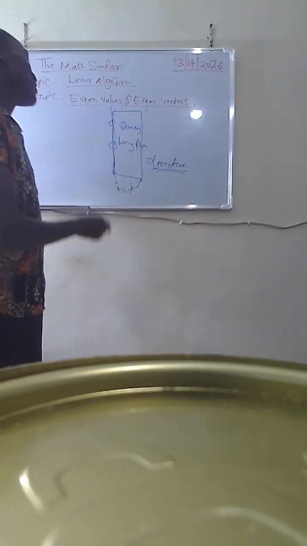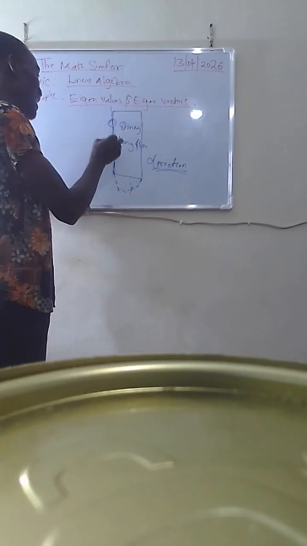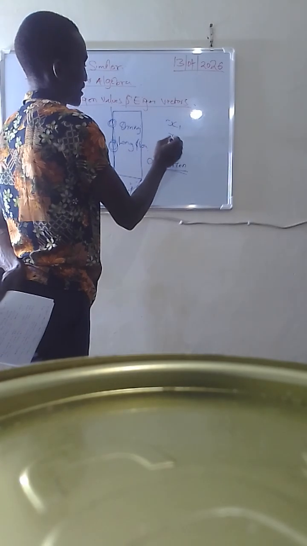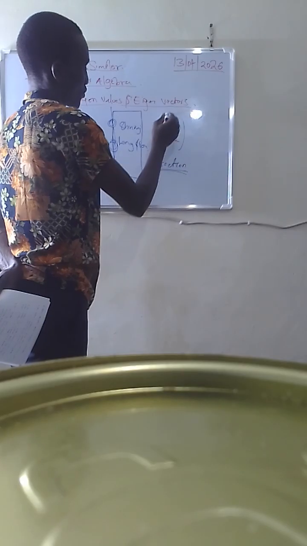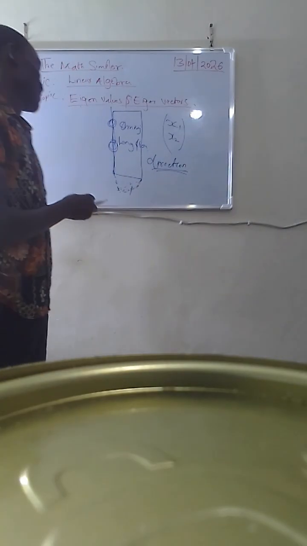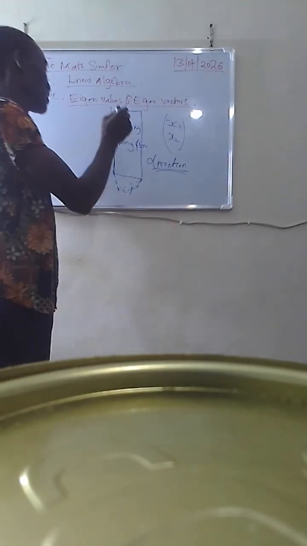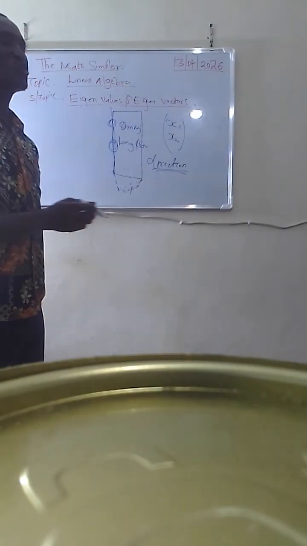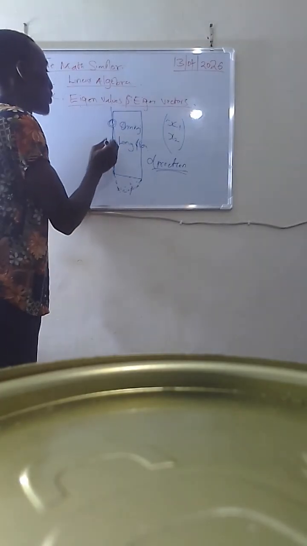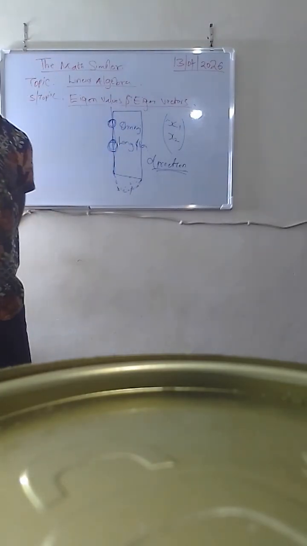So the vector of this hinge, let's say it is x1, x2. However much you try to transform or rotate this door, this hinge will always remain at the same position.